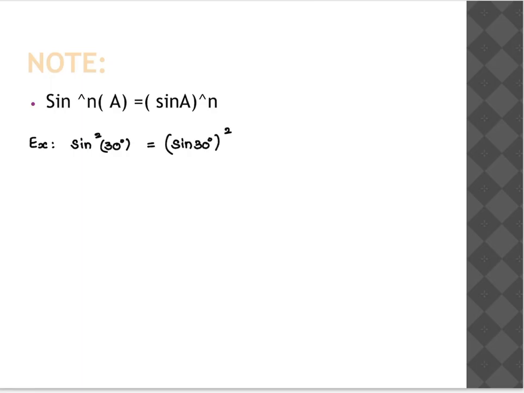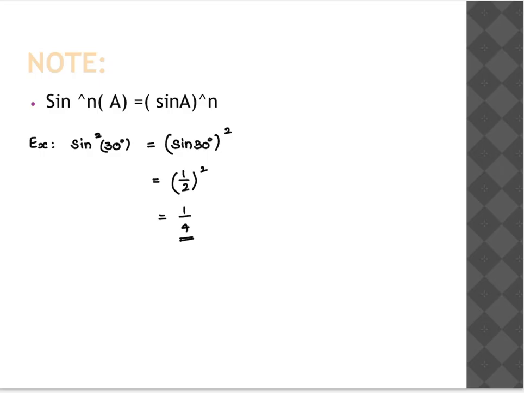And we know sine 30 degrees value is 1 by 2. So 1 by 2 whole square is equal to 1 by 4. So like that you can find the value by using this formula: sine to the power of n theta is equal to sine theta whole to the power of n. Whatever power is there, you take it on the whole sine theta.